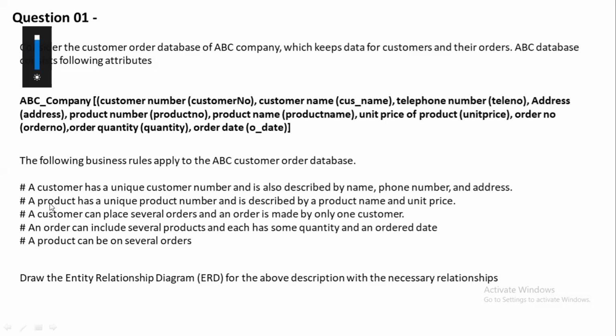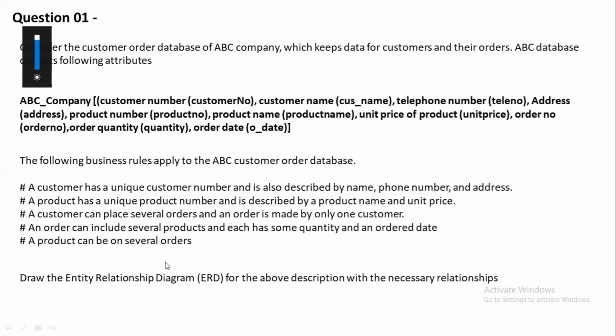The product is an entity of the ER diagram. Another thing is a customer can place several orders and an order is made by only one customer. An order can include several products, and each has some quantity and order date. And a product can be on several orders.